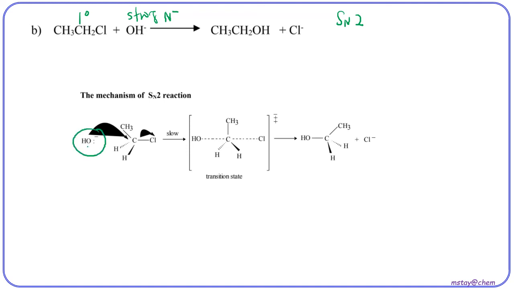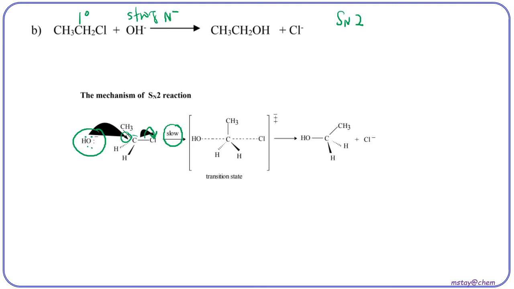The OH negative will have 3 lone pairs of electrons. One of the lone pairs will attack the carbon from the back, so the bond between carbon and chlorine will break heterolytically. This is a slow step.